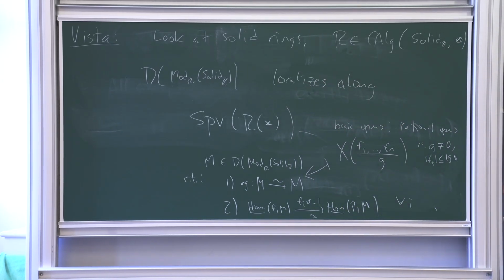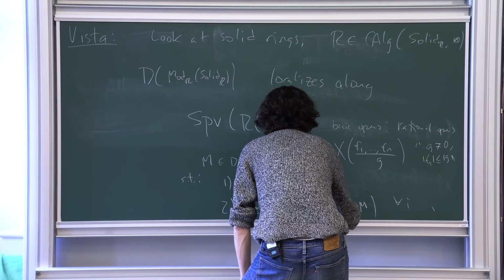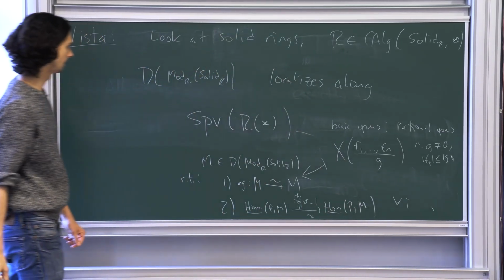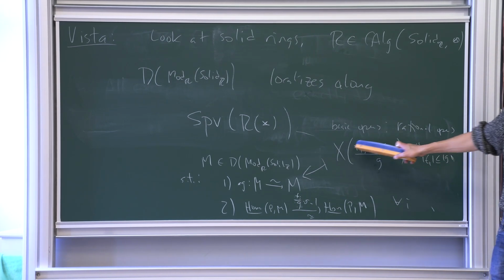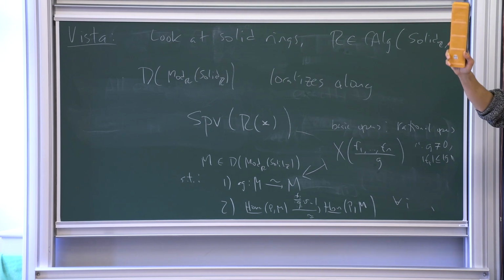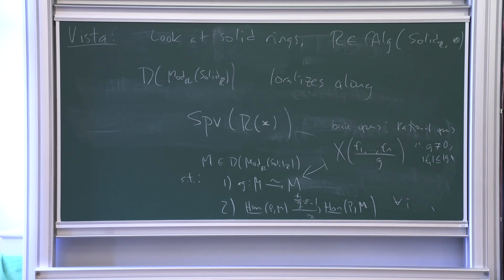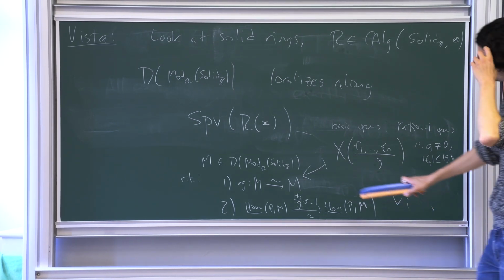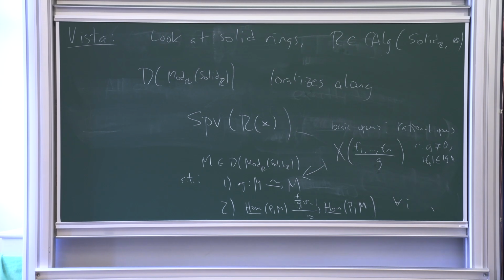Or in other words, Fi over G. So you think of all of these as maps from Spec R to the affine line. Then you want that G lands in the standard Zariski non-zero locus, and you want that the Fi over G land inside the closed unit disk.